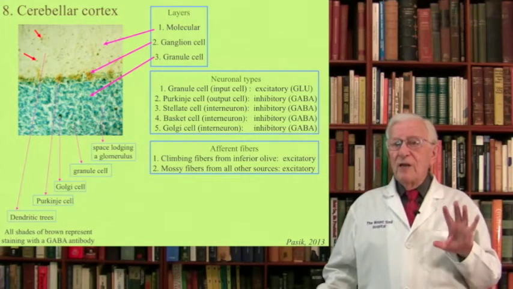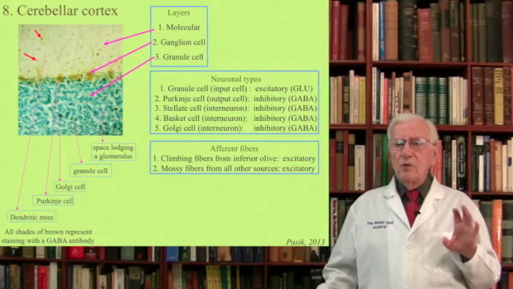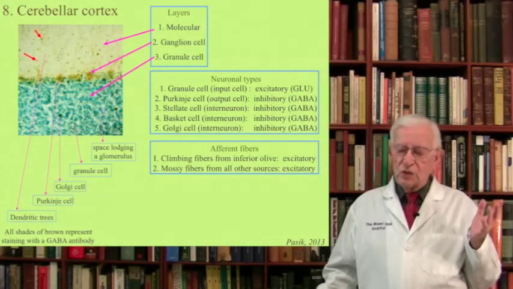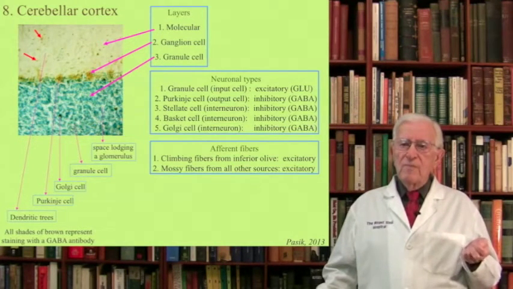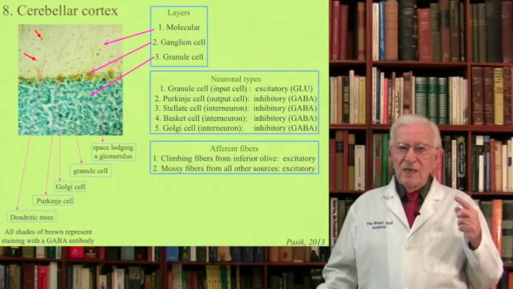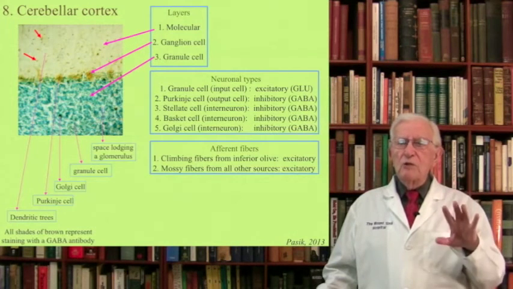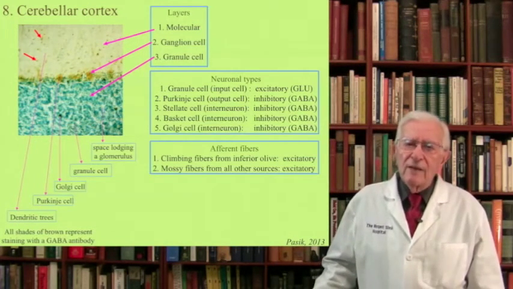And then the other pattern of termination is that of mossy fibers. They are coming from all the other sources of input to the cerebellum, and they are also excitatory.